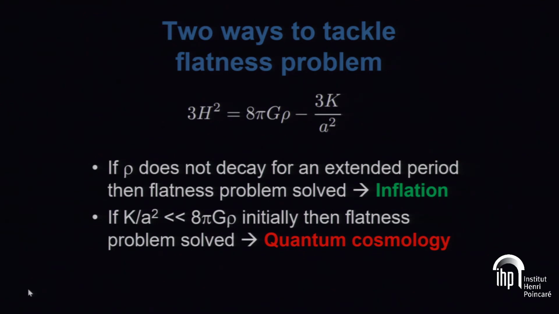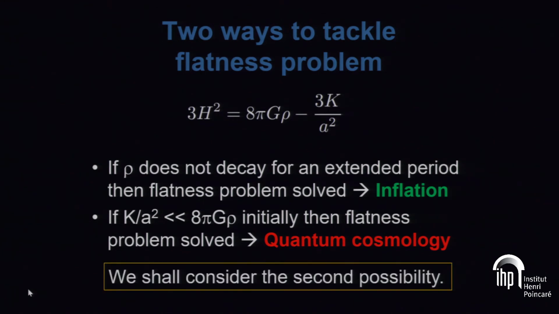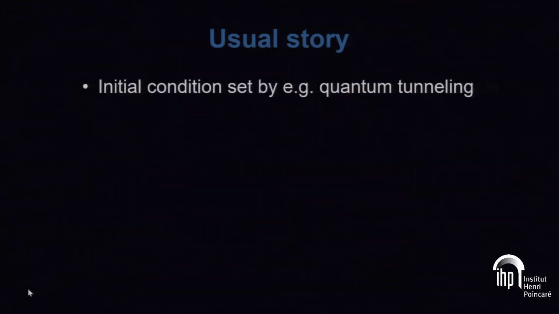This is a very simple solution, if it works. Of course, today I'd like to talk about this second possibility, because we now have some interesting quantum gravity theory. Usually, of course, this doesn't solve the flatness problem, as we know.